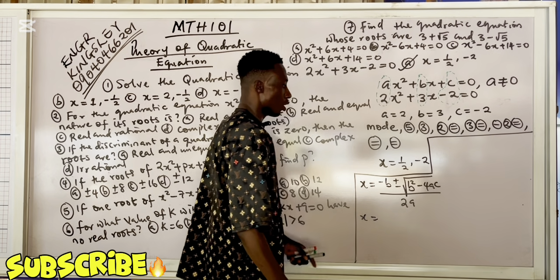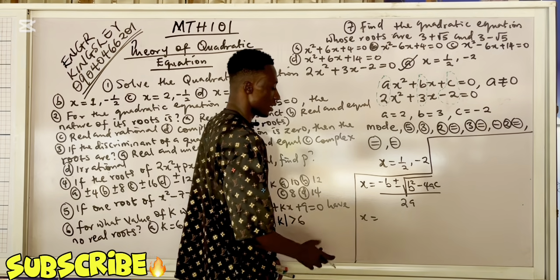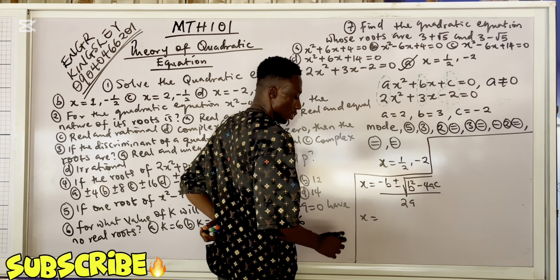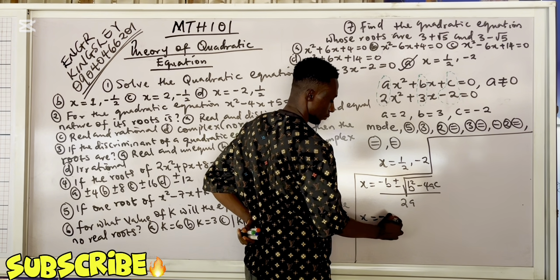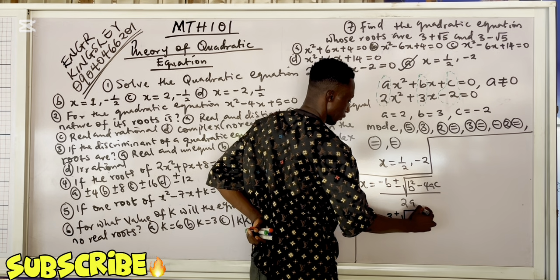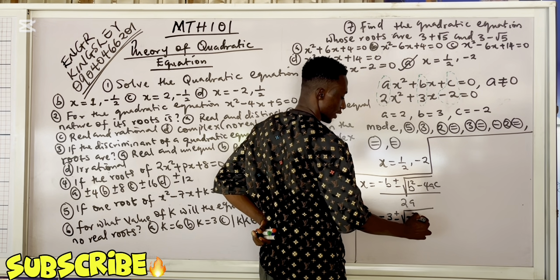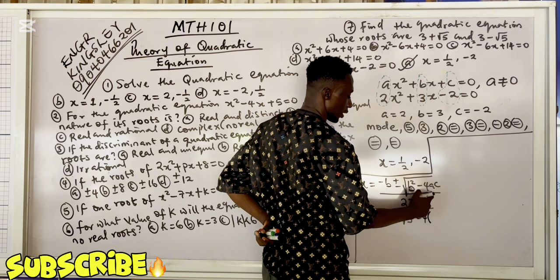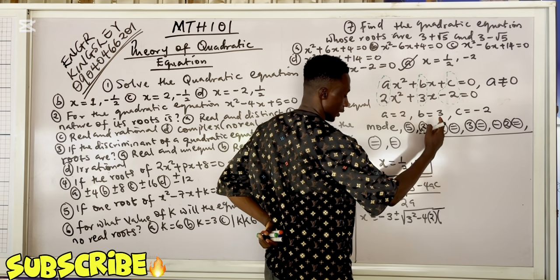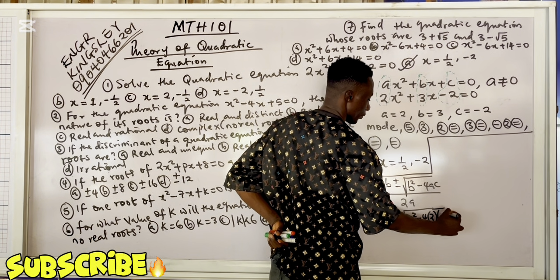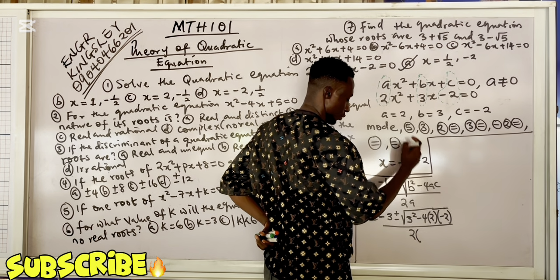We already know the values of a, b, and c, so we substitute into the formula: minus b, where b is 3, plus or minus the square root of 3 squared minus 4 times a, which is 2, times c, which is minus 2, all over 2a, and a is still 2.